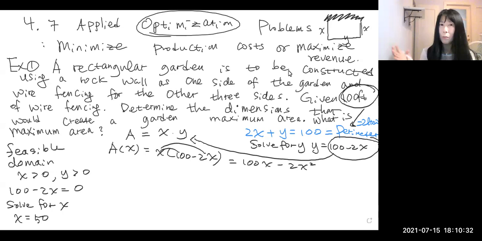Okay, listen. From the previous theorem, we have the extreme value theorem: if the function is continuous on a closed, bounded interval, then there exist an absolute maximum and an absolute minimum. So we use that theorem to find the maximum area.